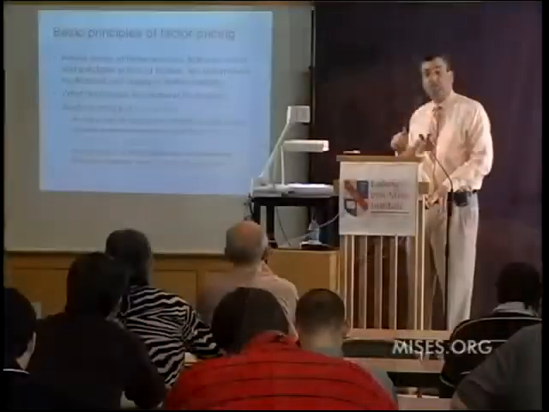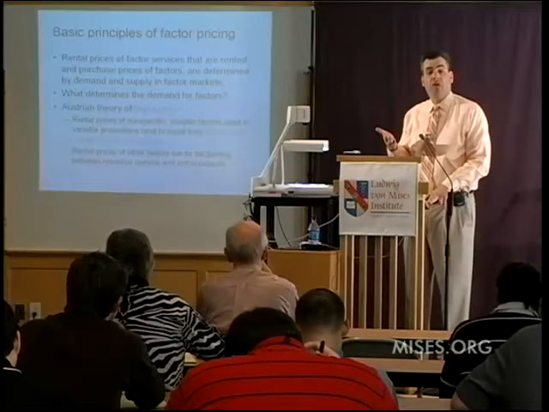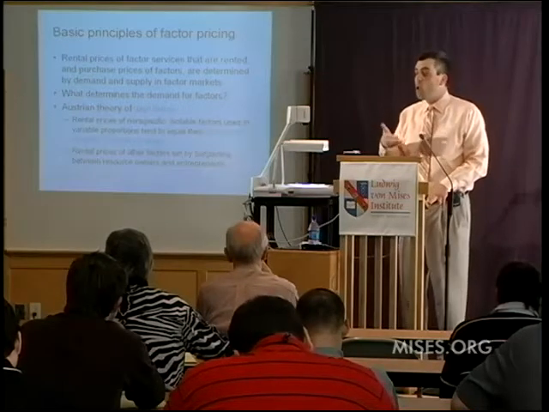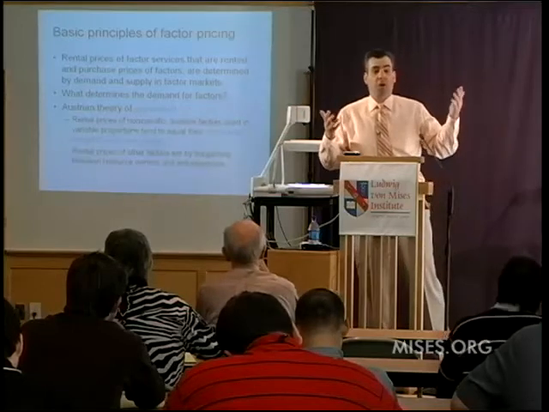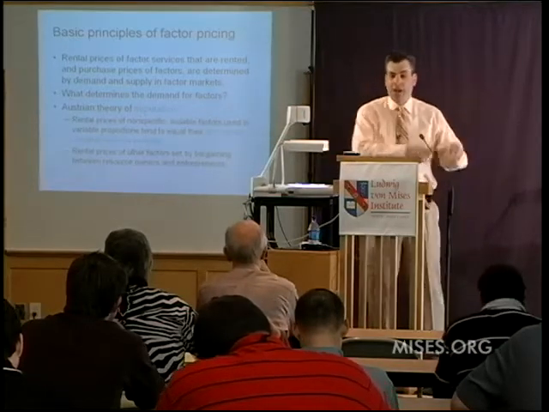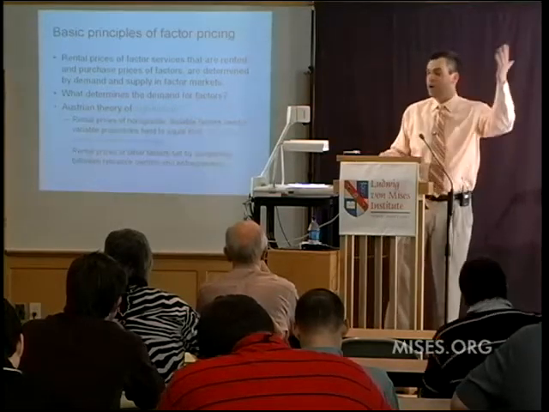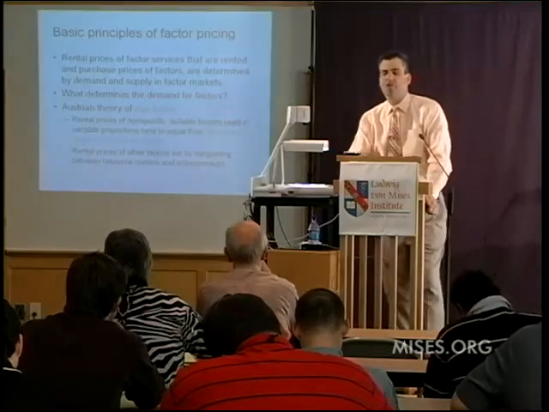The same applies to the prices of producer goods. And notice we need to make this distinction because many producer goods can be either purchased or rented. So if you think about yard tools, if you need some kind of a digger and you don't own the digger, you can go to Sears or you can go to the rental center and you can rent it for a day. You pay $20 or $30 to rent its services.